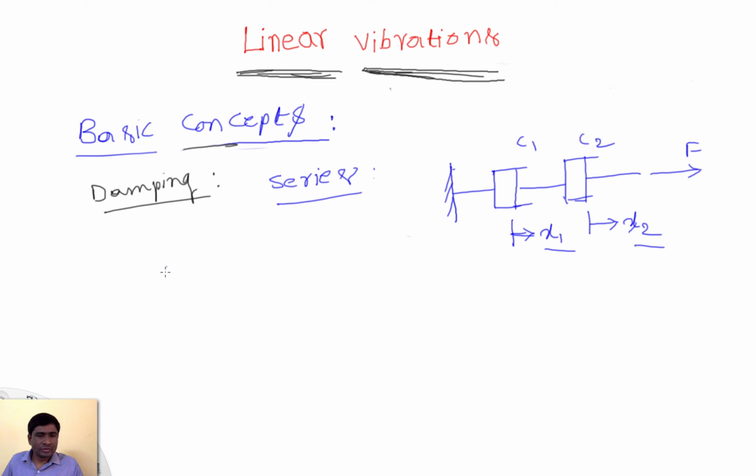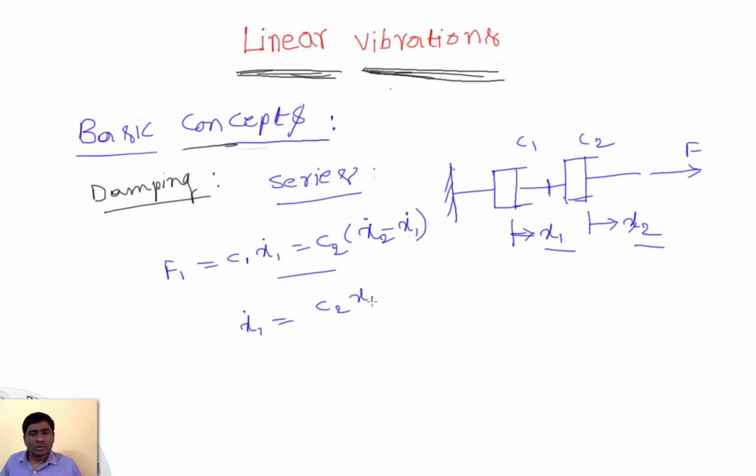So F equals F1 equals C1 into x1 dot, which equals C2 into the relative velocity, because this is moving x2 but its base is also moving x1 distance. So that is x2 dot minus x1 dot. Because F1 equals F2, we need to equate these. And if I write x1 in terms of x2, x1 dot equals C2 into x2 dot by C1 plus C2.